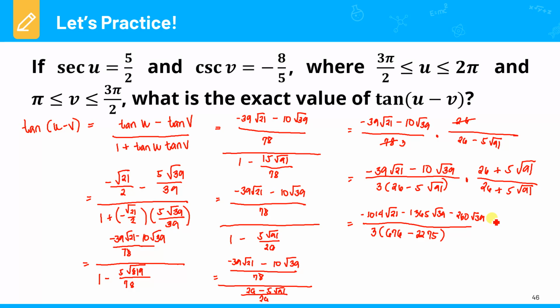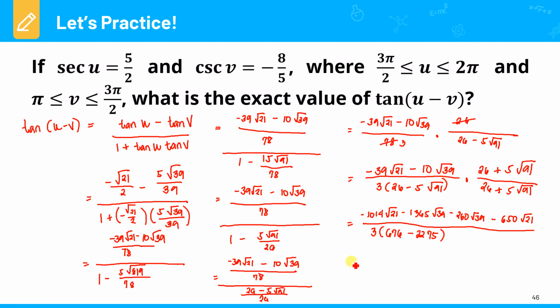So this is negative 50 square root of 3549, which is 13 square root of 21. So you have 650 square root of 21.